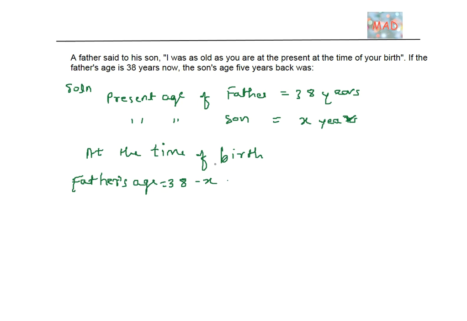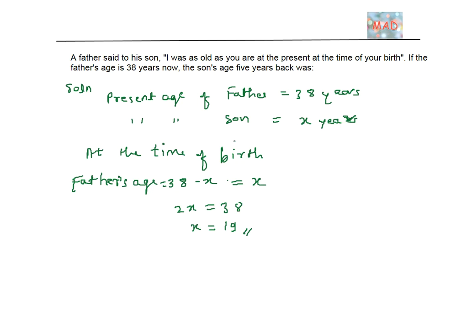The condition given was, I was as old as you are at present at the time of your birth. So the father's age 38 minus x is equal to x. This equation satisfies. So if we solve this equation, we have 2x is equal to 38, and then we have x is equal to 19.